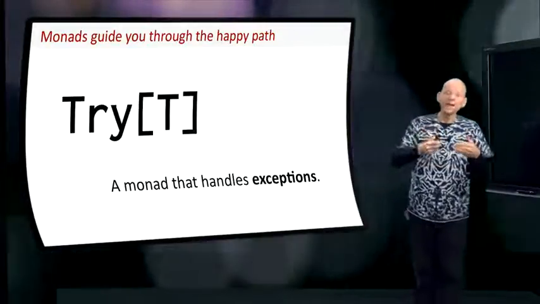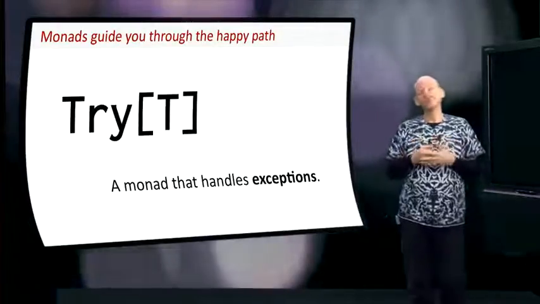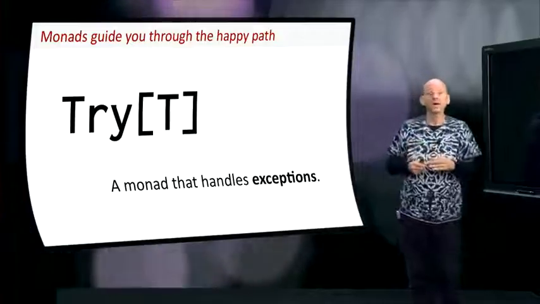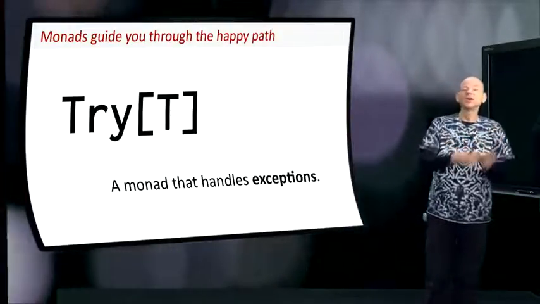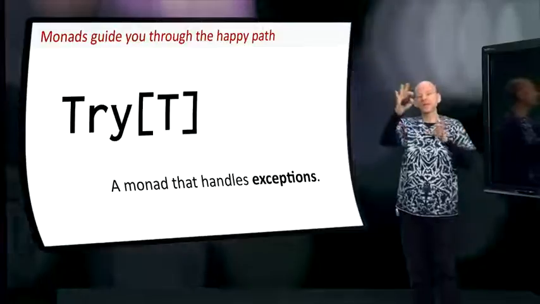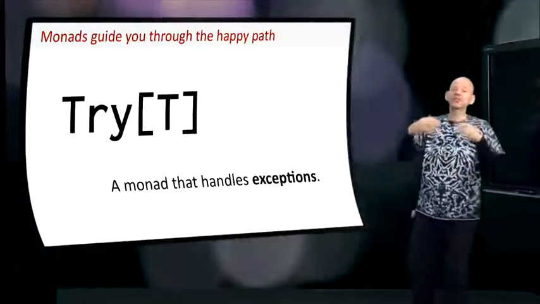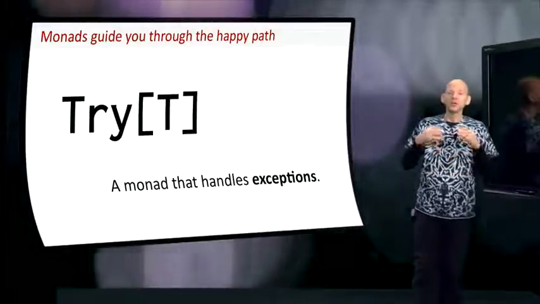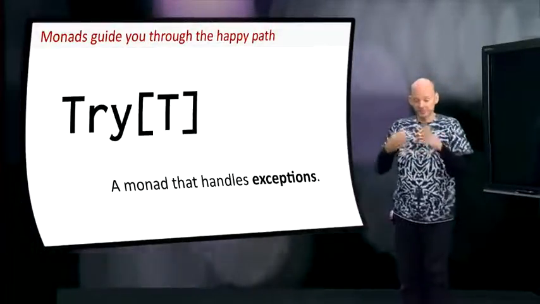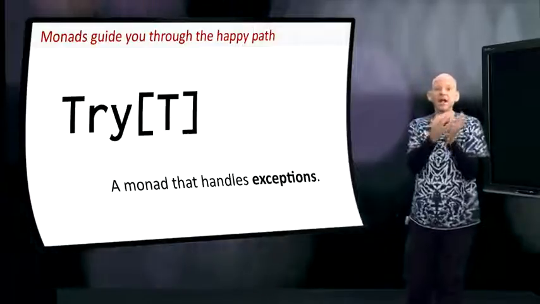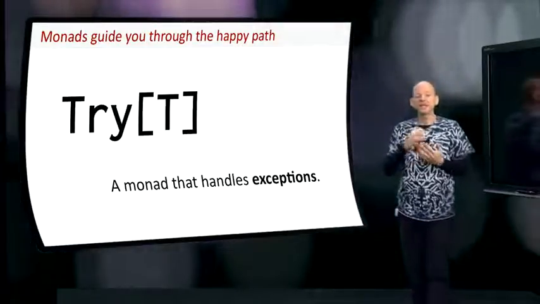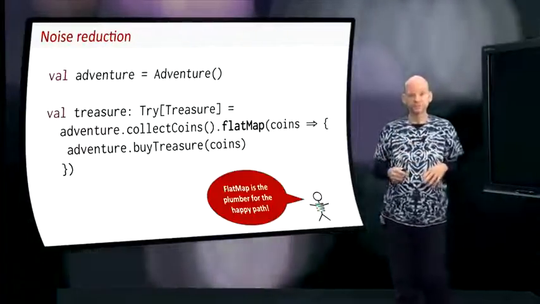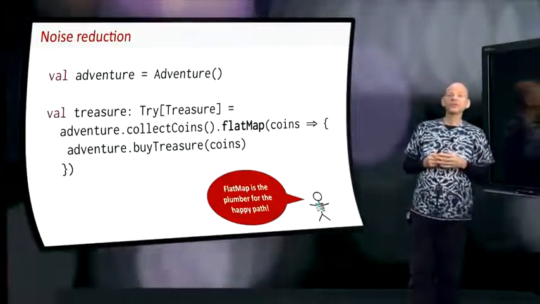And the fact that it's a monad, the fact that it has a flatMap, will guide us through the happy path, because the flatMap takes care of all the pattern matching and propagating exceptions, such that we only have to think about the happy path. So monads are type constructors that help you to take the happy path, and you can forget about the exceptional case.